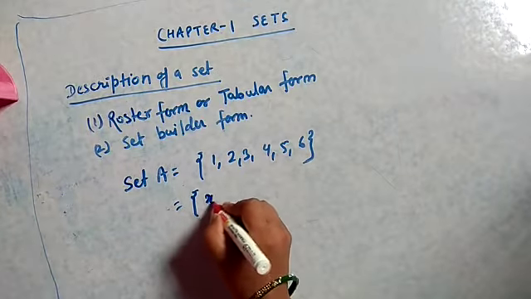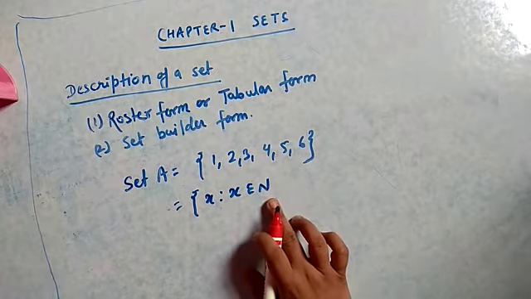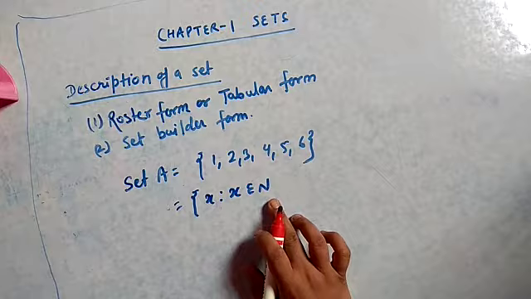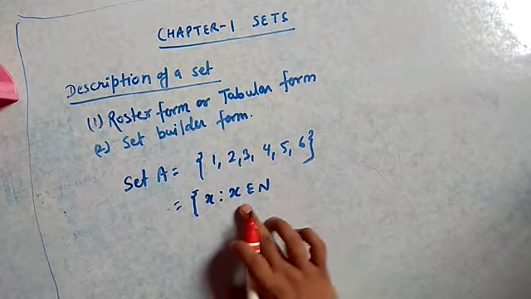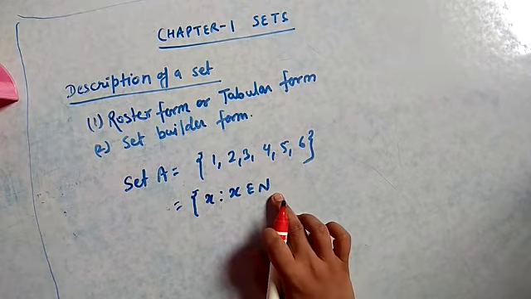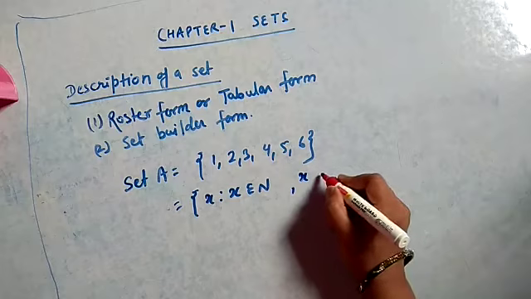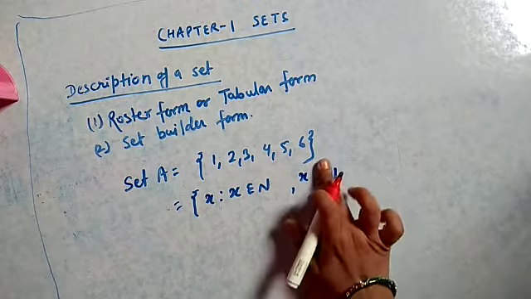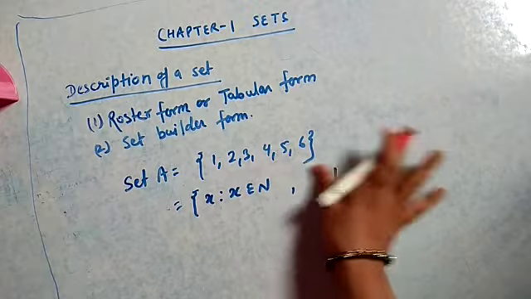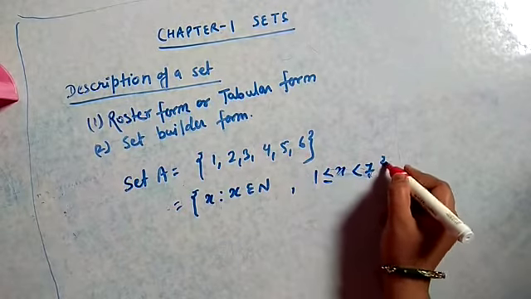So here I can write x such that x is an element of natural numbers. As I have told you, to represent natural numbers we use the capital N. So here I can write x such that x is an element of N and x is greater than or equal to 1 but less than 7.